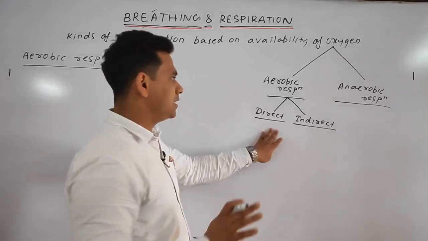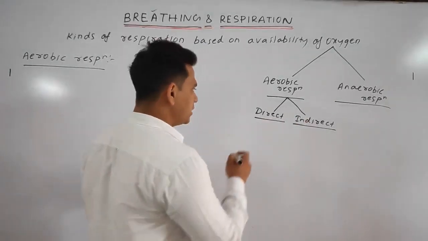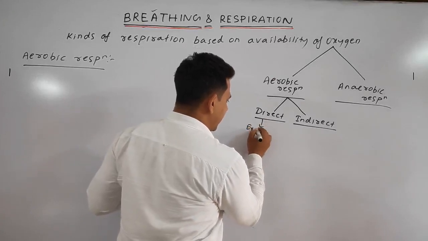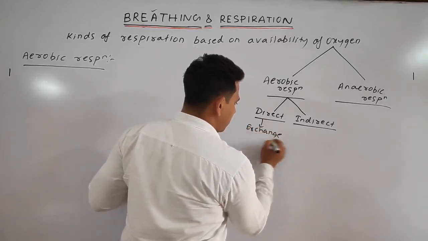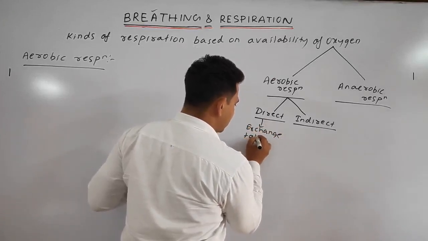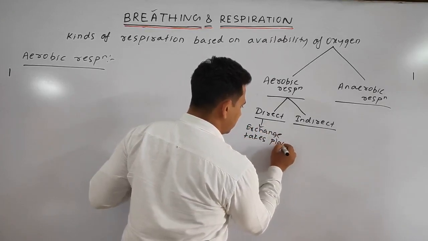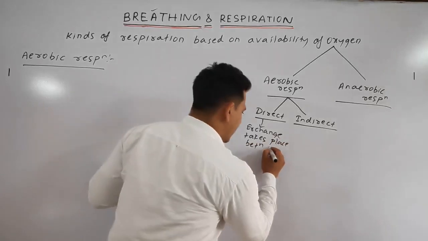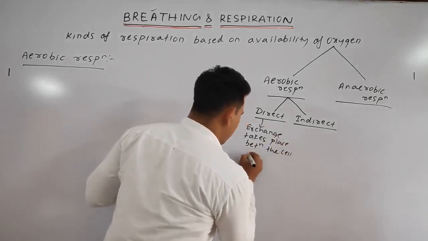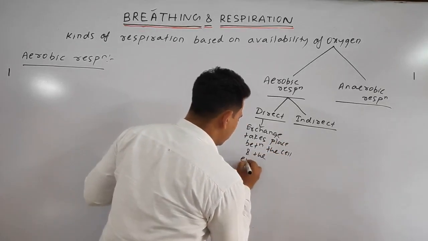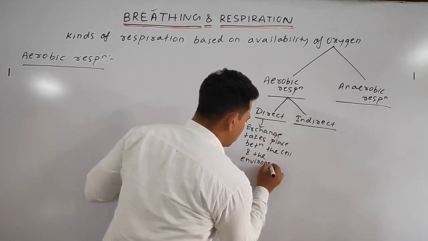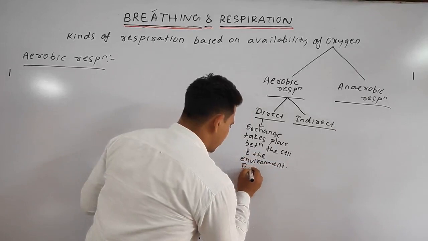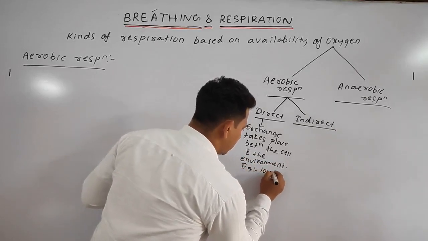This is just for your extra knowledge. For direct, you can write: the exchange takes place between the cell and the environment directly, as in the case of lower organisms.